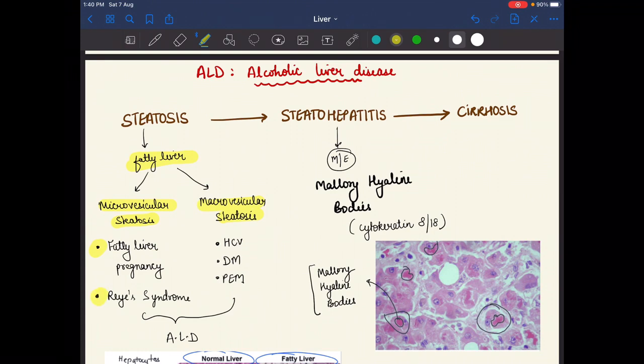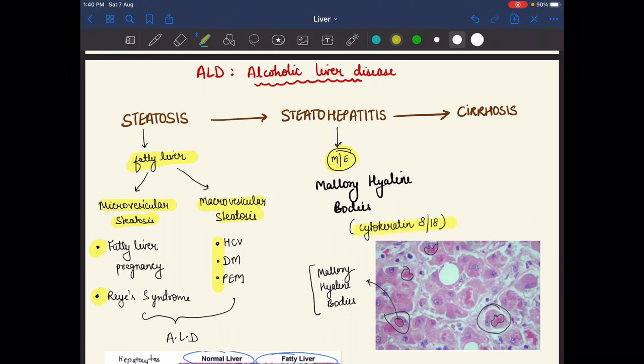In these two conditions we see microvesicular steatosis, while macro is seen in HCV, diabetes mellitus, and PEM. Steatosis converts into steatohepatitis, and in steatohepatitis on microscopic examination we see Mallory-Hyaline bodies.